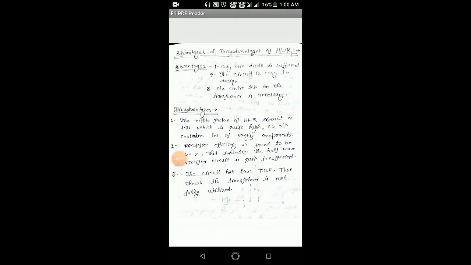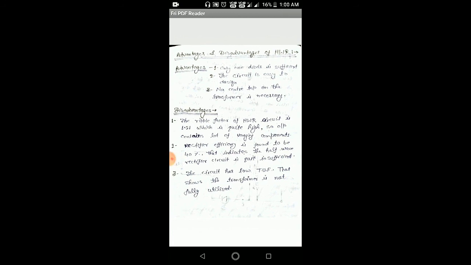So now the advantages and disadvantages of the half-wave rectifier. Advantages are: first, only one diode is sufficient. Second, the circuit is easy to design. And third, no center tap on the transformer is necessary. And disadvantages are: first, the ripple factor of the half-wave rectifier circuit is 1.21, which is quite high, so the output contains a lot of varying components.